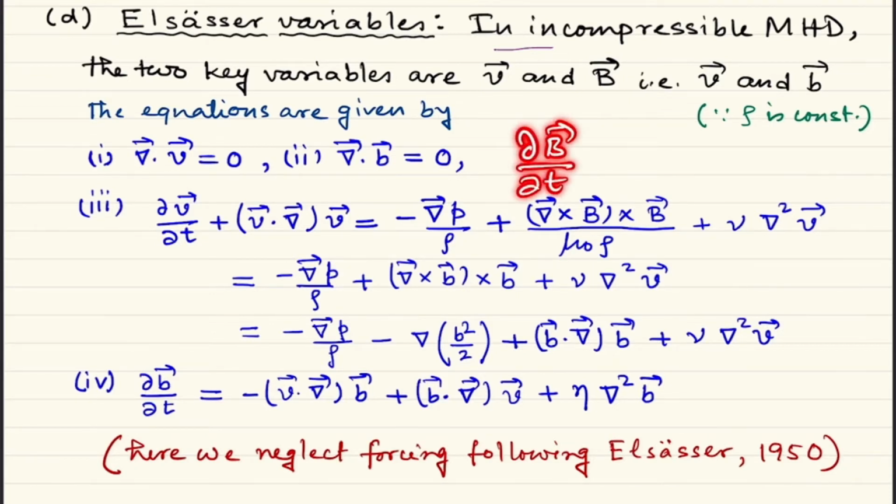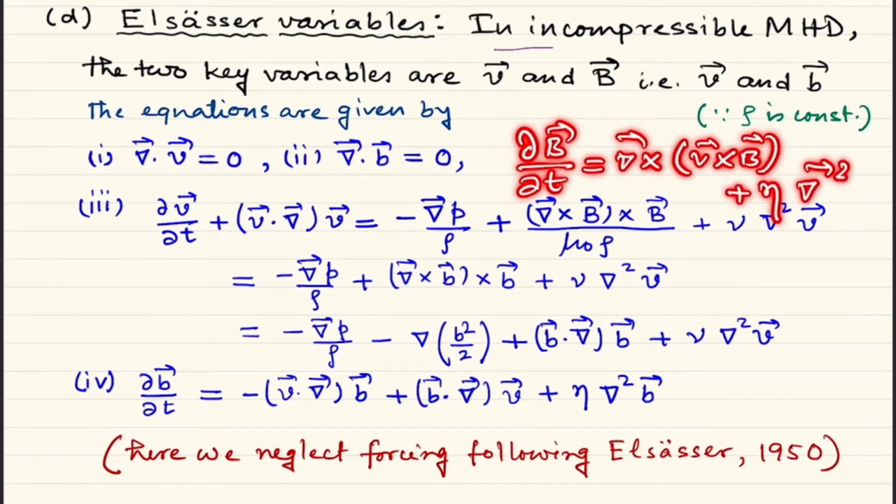∂B/∂t is equal to curl of (V cross B) plus eta Laplacian B. Now we just divide both sides by root over mu 0 rho, so this side as well.